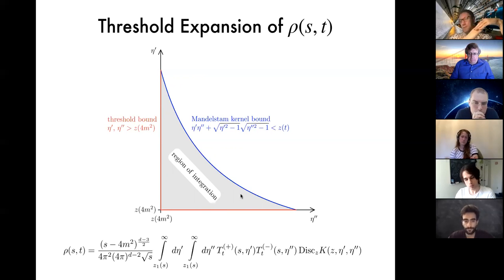Therefore, if you go slightly above the Landau curve, this region is in both variables, eta 1 and eta 2, close to the threshold. And so the threshold expansion for the discontinuity close to the normal threshold maps to the threshold expansion for the double discontinuity close to the Landau curve.